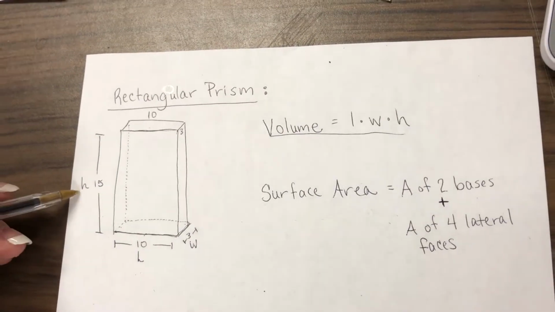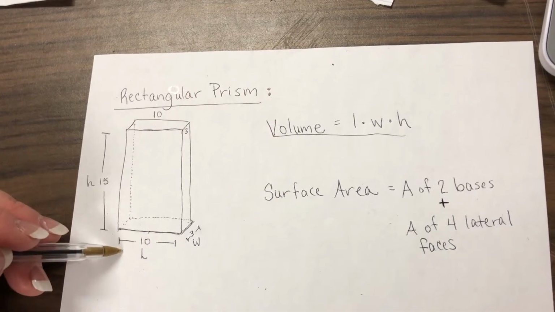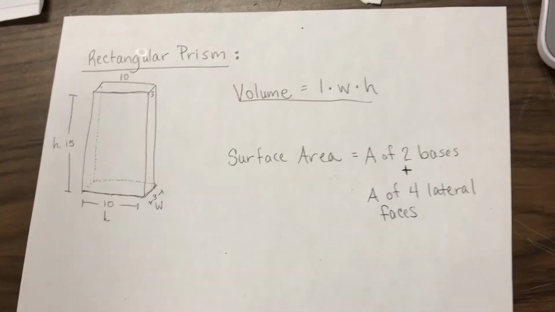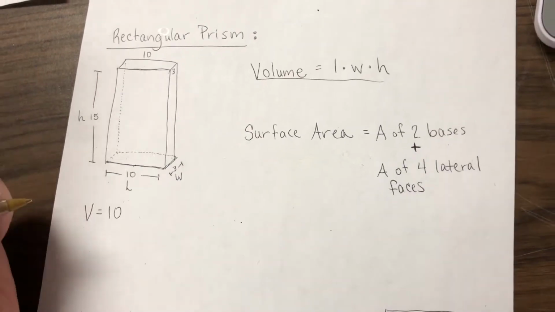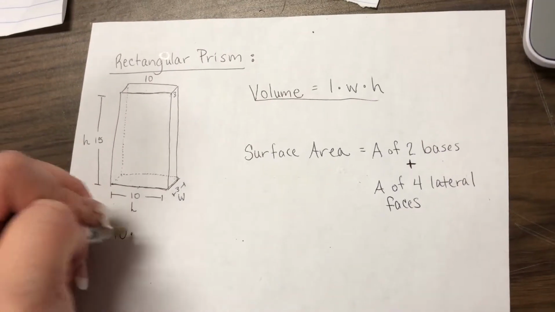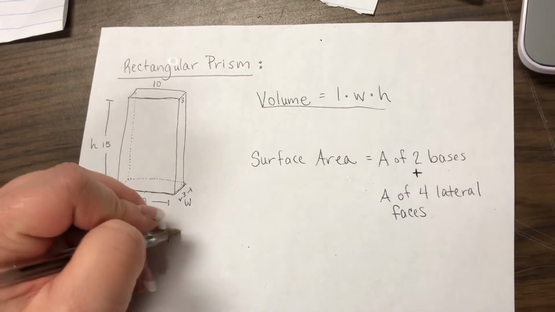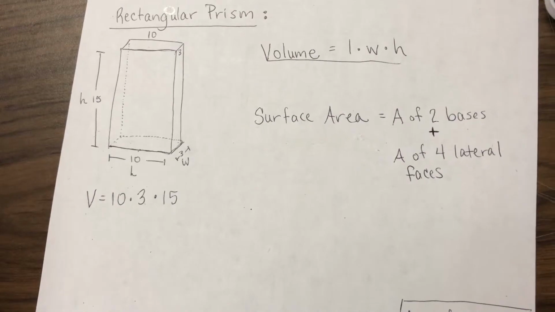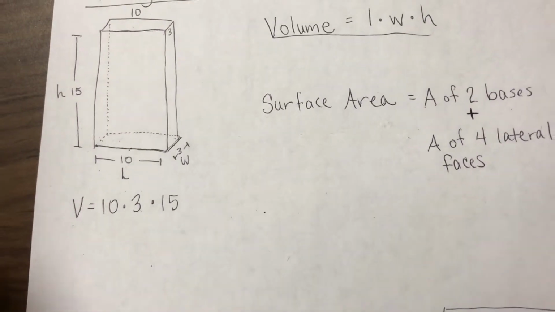The height is always the distance between those two bases. So if I'm asked to calculate this volume, length is 10 units times width, 3 units, times height, 15 units, then I'm going to multiply 10 times 3 times 15.